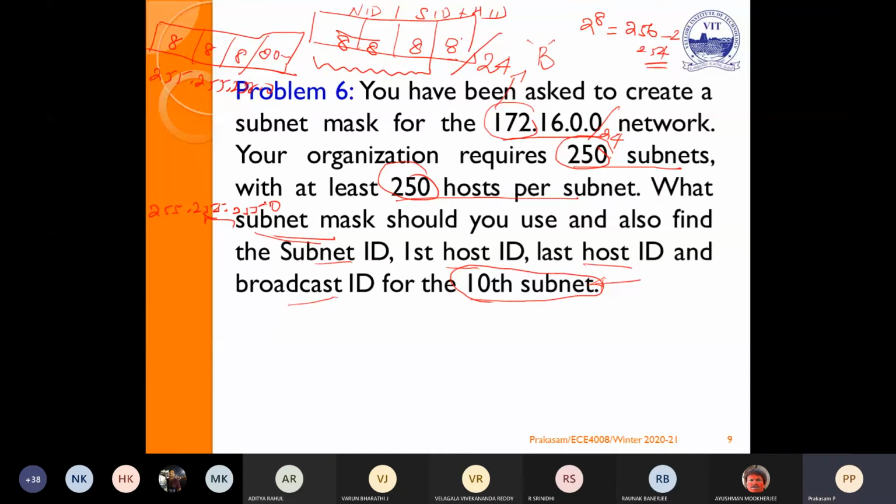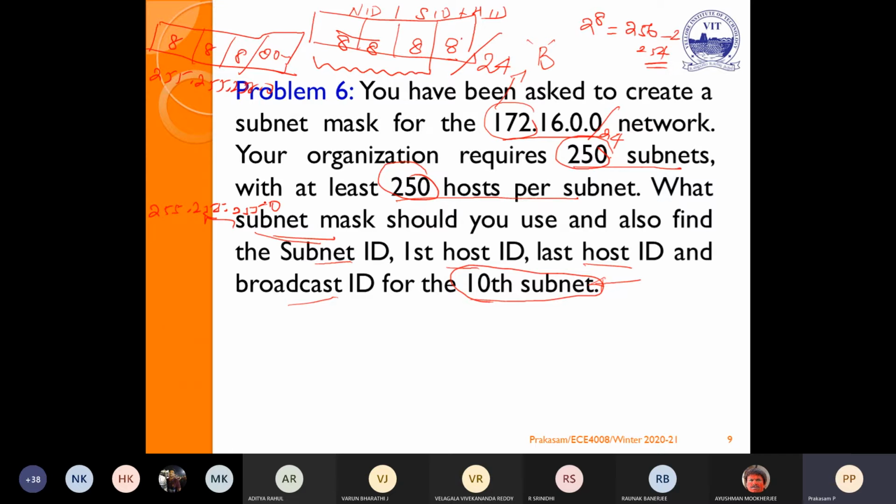Next, for the 10th subnet, I need the subnet ID, host IDs, that is the first host, last host, and broadcast. Even we may ask for the 100th or 200th or 190th. How will you find the subnet ID for the 10th subnet or 20th or 15 or 16 or 17? It is very, very simple.